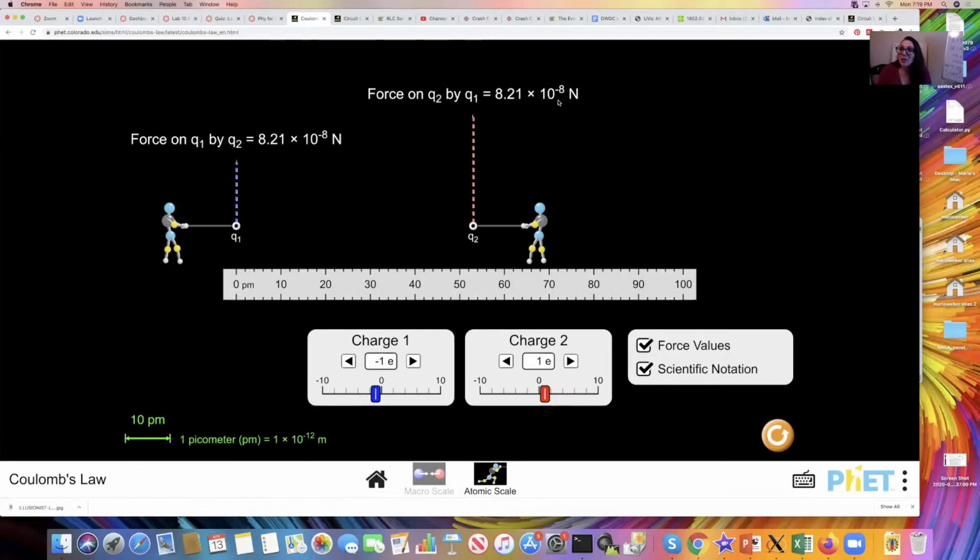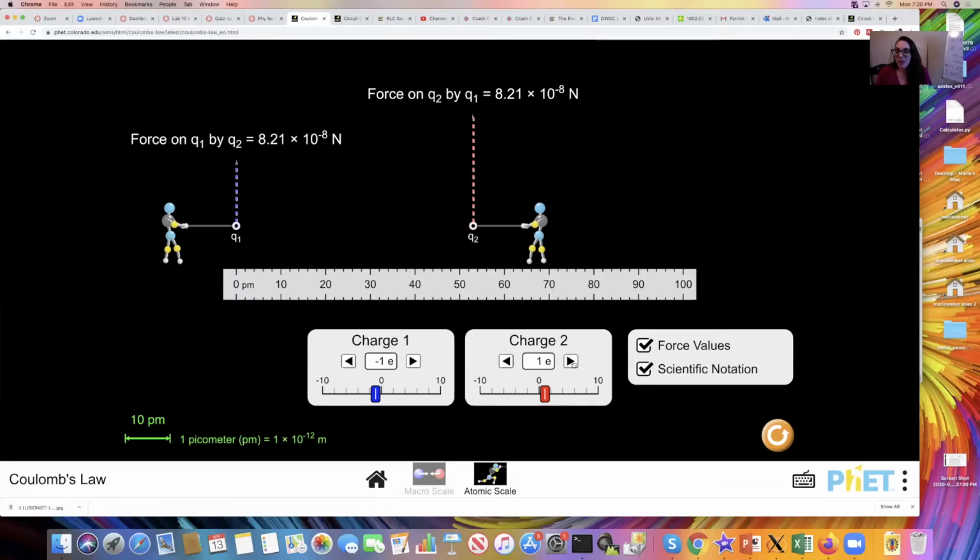Okay, I'm going to do the same thing, but for a helium atom. Now for helium, we're going to calculate the electrostatic force between one of the electrons in the helium atom, because there's 2 electrons orbiting around the nucleus, and the nucleus of the helium atom. The nucleus of the helium atom has 2 protons and 2 neutrons.